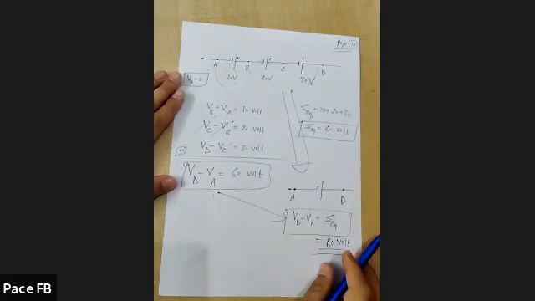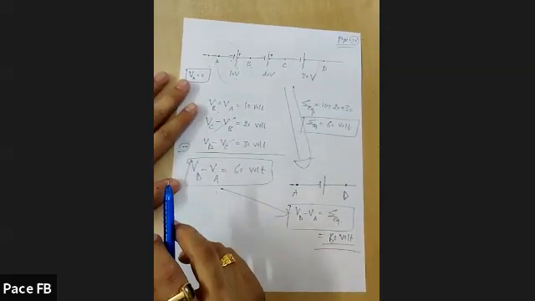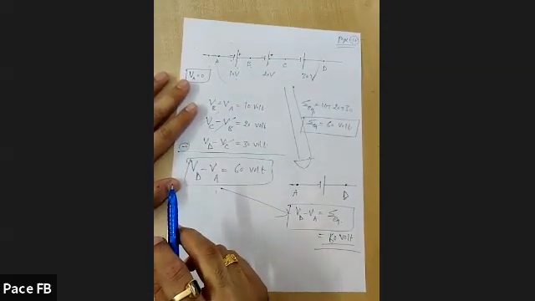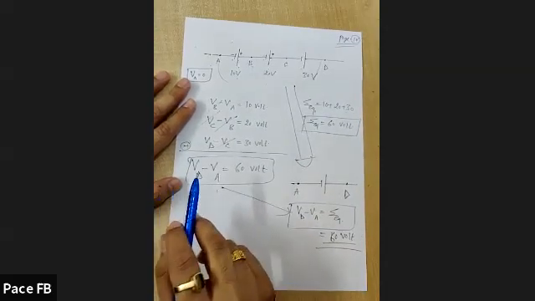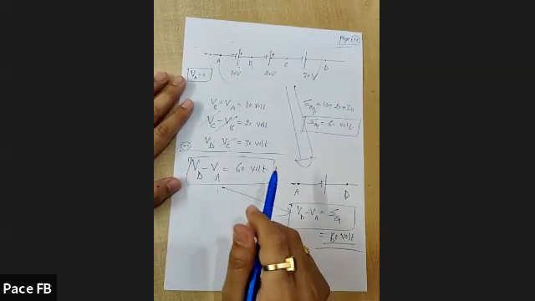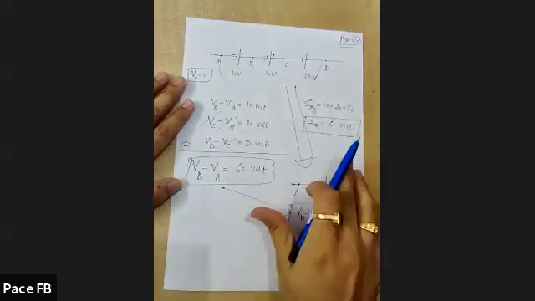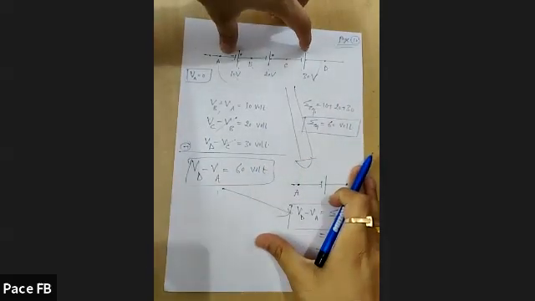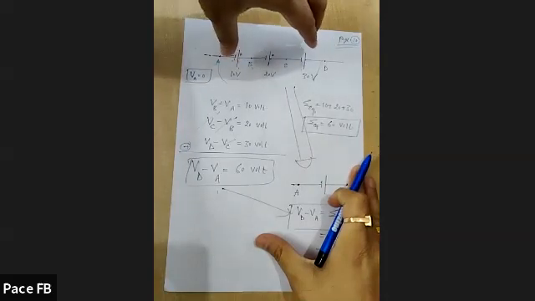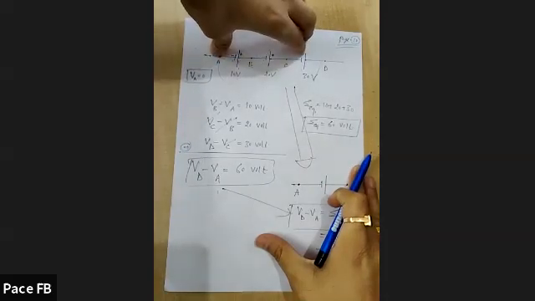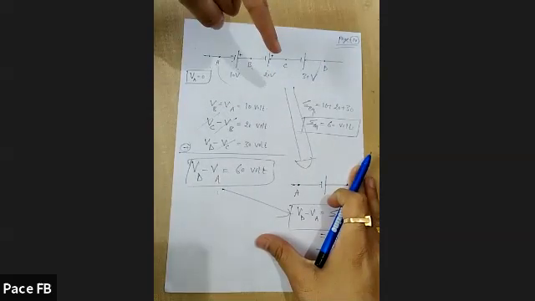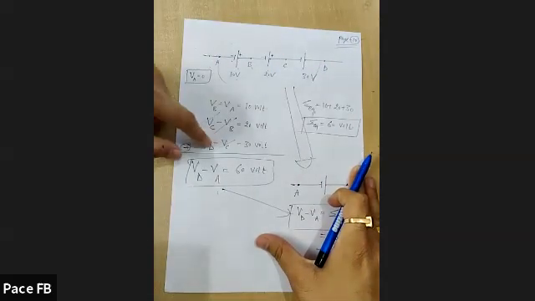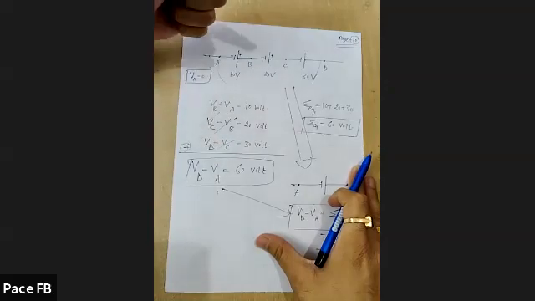Now next is when cells are connected in parallel. What is equivalent? I don't want to deal with these three cells connected in a circuit. I want to deal with a single cell. So for that single cell, I need to find the equivalent EMF and equivalent internal resistance.